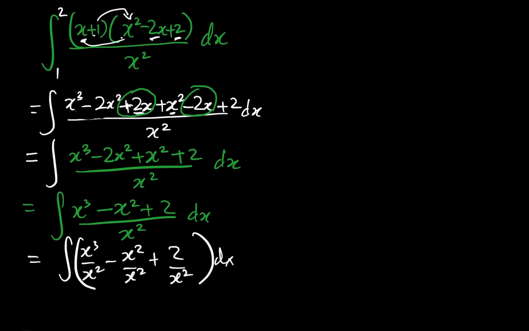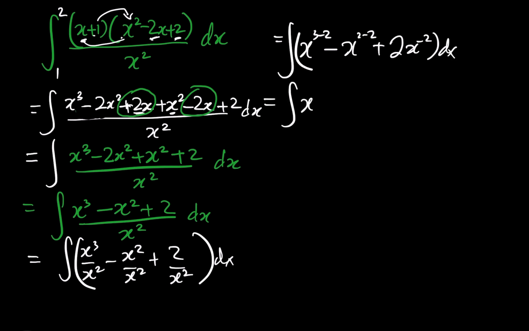And then we end up getting integral of x to the power 3 minus 2 minus x to the power 2 minus 2 plus 2 to the power x minus 2, all dx. And then we have x to the power 1 minus x to the power 0 plus 2 to the power x minus 2, all dx.